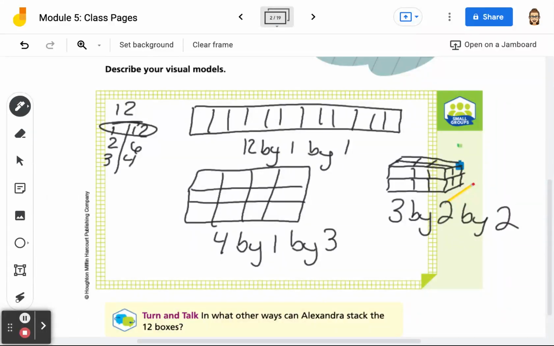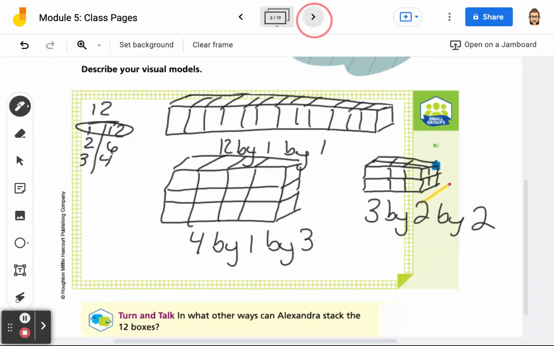Something like that. Maybe 3 by 2, because technically these are all by 1. Oops. That wasn't very even, but let's make these 3D. Something like that. Okay.